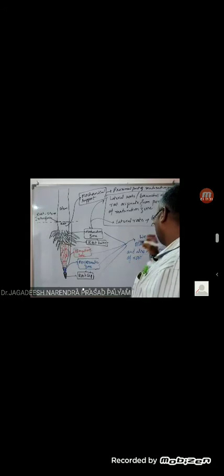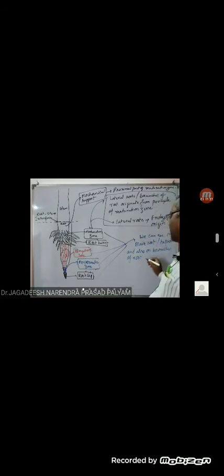Branches of root means lateral roots, rootlets, etc. And also see them in adventitious roots or fibrous roots.